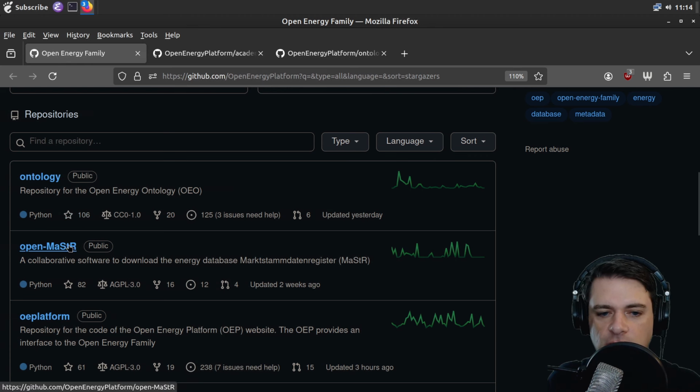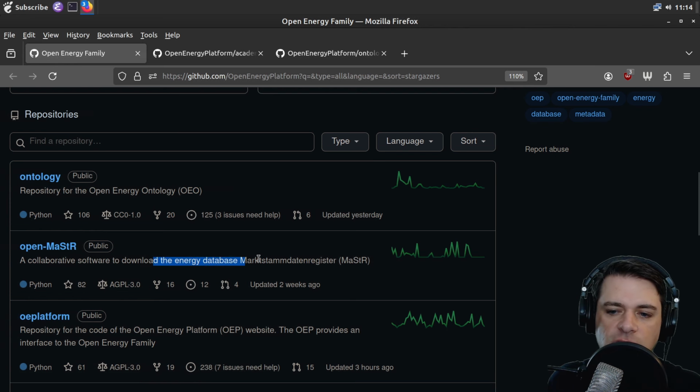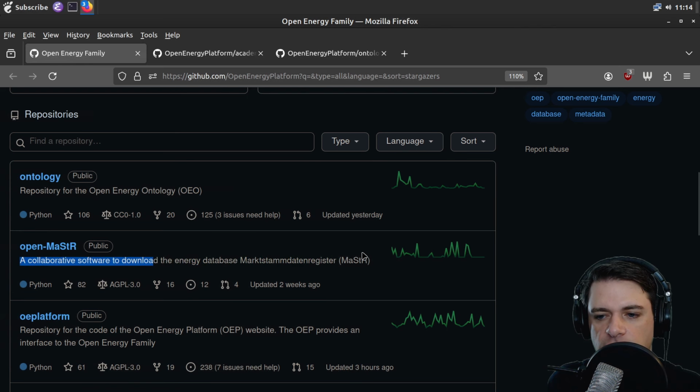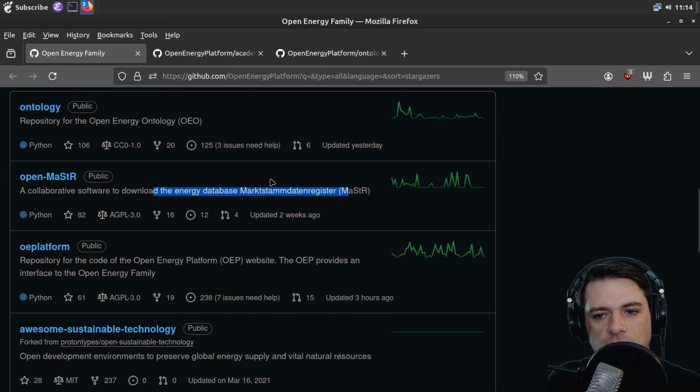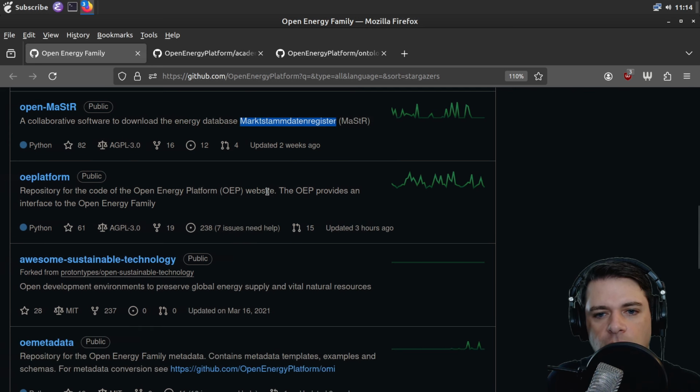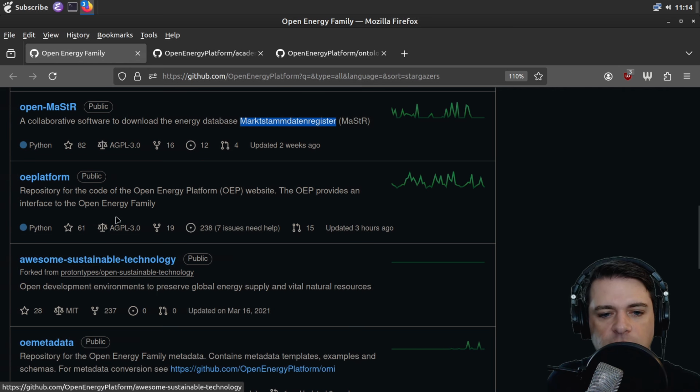They have open master, a collaborative software to download the energy database Marktstammdaten Register. I don't remember how these are pronounced. That looks Germanish or Dutchish. OE platform. Awesome. Sustainability technology.